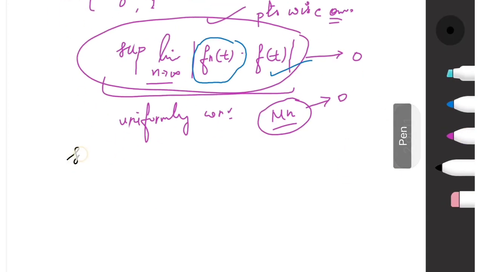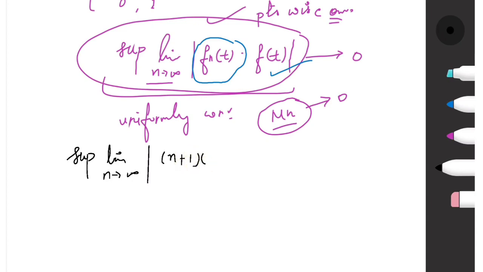Now, the supremum of our sequence of functions (n+1)(n+2) t^n (1 - t).